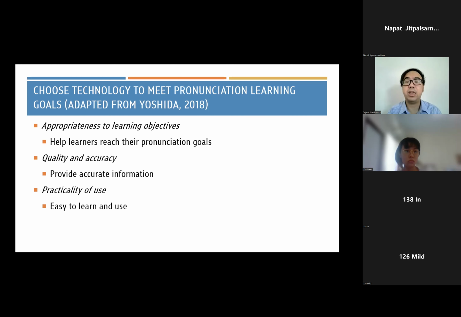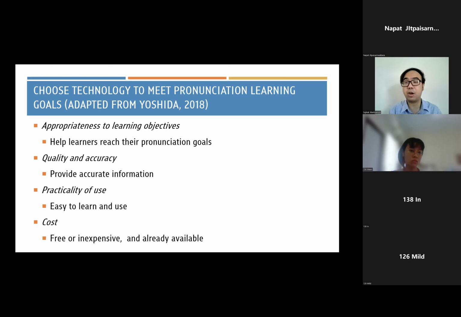And for sure, it would be good for us that it is practical. It is easy to learn and very easy to use. It would be very difficult for us if we had to write code or use some more advanced technology to learn the pronunciation of English. So the technology should encourage us to use it.